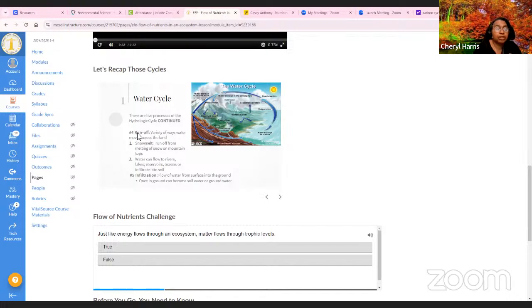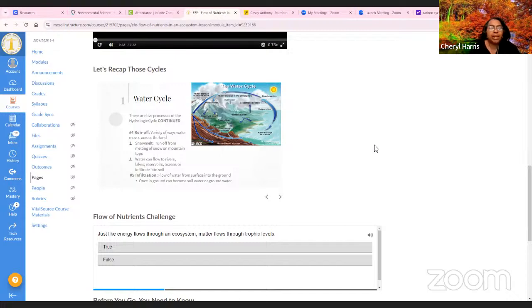And again, look at the vocabulary words: runoff, infiltration, the usual words: precipitation, condensation, evaporation, transpiration, infiltration. A lot of vocabulary. Make sure that you are clear as to where all of these go.